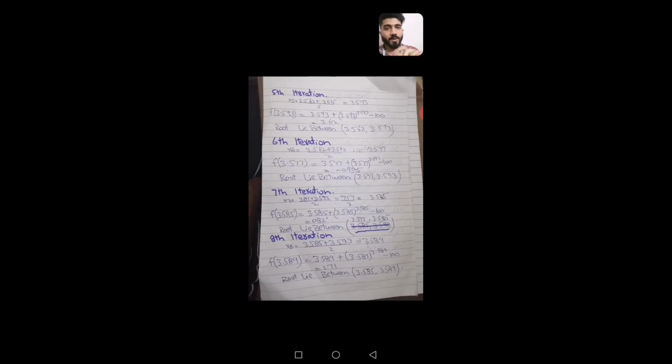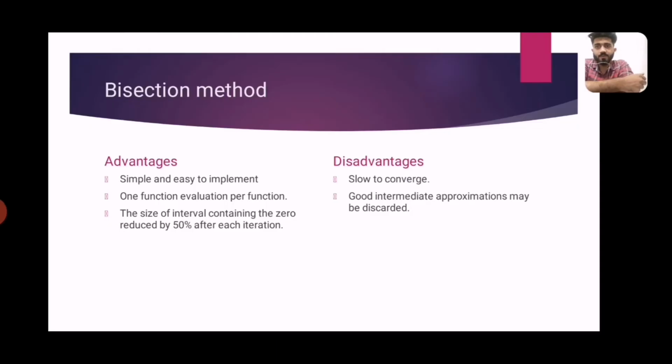We got 3.589. When we substitute it in our function, we got 1.71, which is a positive value. The positive value indicates that our root lies somewhere between 3.585 and 3.589.